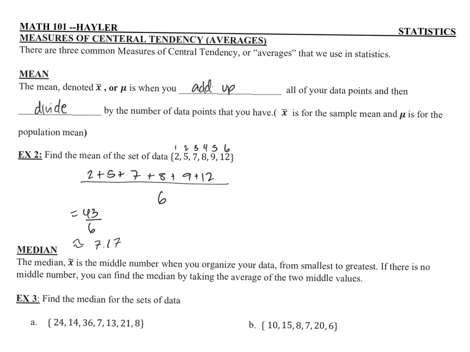Okay, so because they want us to just find the mean of these numbers and they didn't tell us, I'll just assume here that I wanted the mean for this group. And I'm going to call that the population. So I will use mu. If that was not the population and just a sample, then we would use x bar equals approximately 7.17. Once again, population, sample.